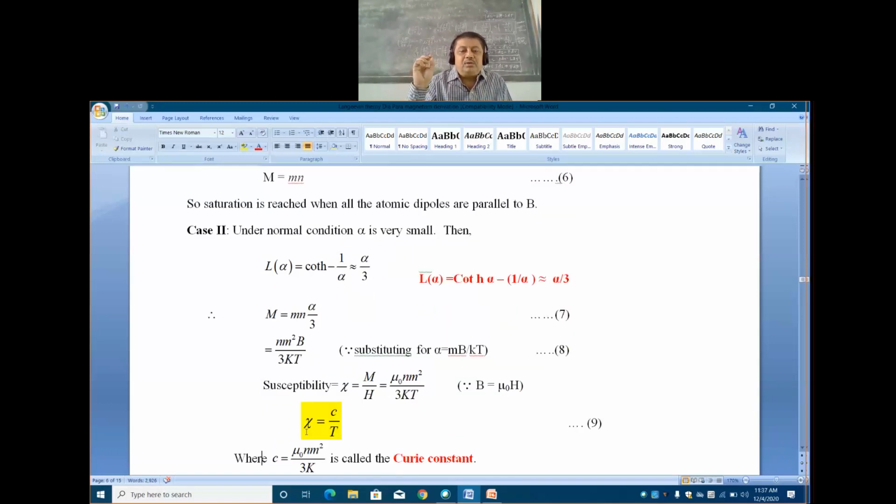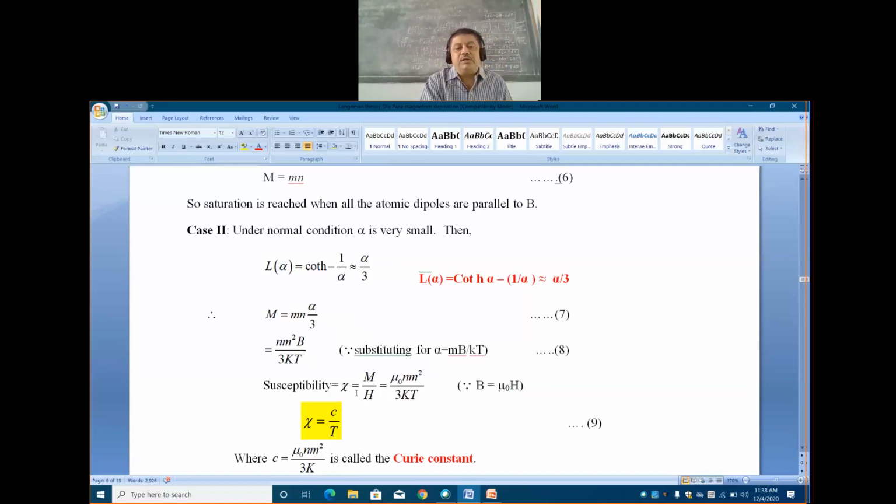Also substituting B as mu naught H. Susceptibility is defined as M by H, the ratio of magnetization to the inducing magnetizing field.